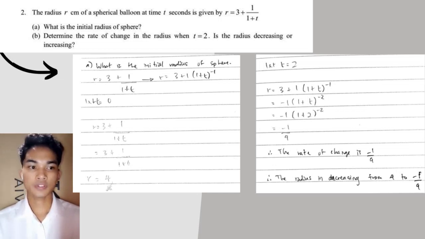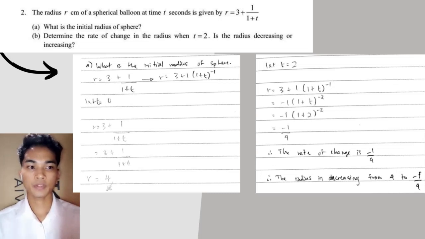After the calculation, we change the t with 2, then we get the answer equal to minus 1 over 9.